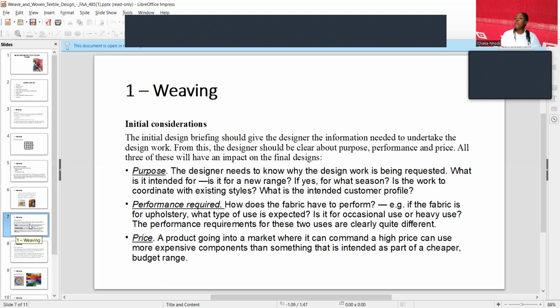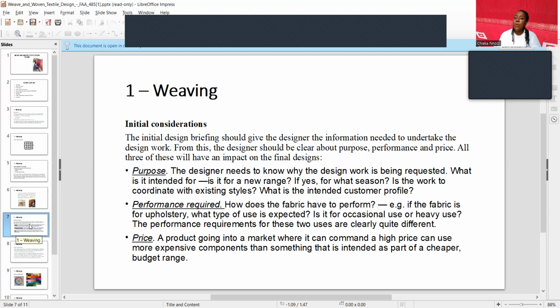Then performance required. How does the fabric have to perform? For example, if the fabric is for upholstery, for furnishing, you know the kind of impact it will have, people sit on it. There's more pressure applied to this kind of fabric. So what type of use is expected is very important. Is it for occasional use or heavy use?